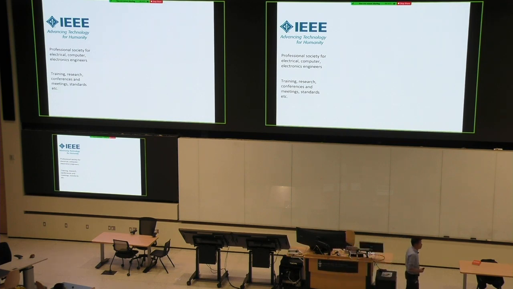It's a professional society for electrical, computer, electronics engineers. And what they do is they provide training, they support research through their journals and conferences, they set standards, right? And this IEEE community is huge, by the way, it's staggeringly large.